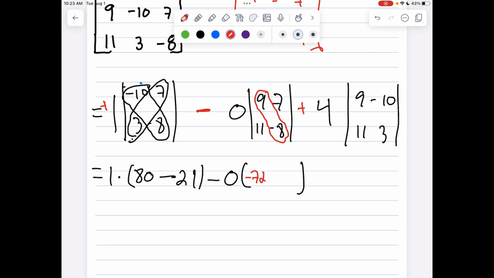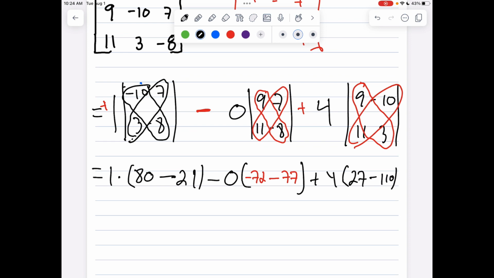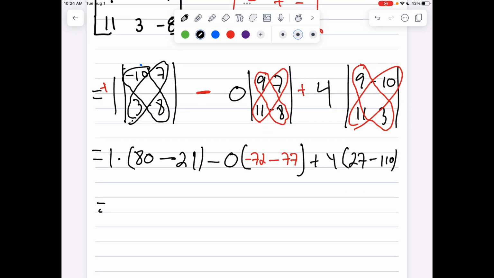9 times minus 8 is minus 72. And then minus 11 times 7 is 77. And then finally plus 4 times 9 times 3, which is 27, and then 11 times minus 10 is negative 110. I'm going to compute all this out. 80 minus 21 is 59 times 1, 59.